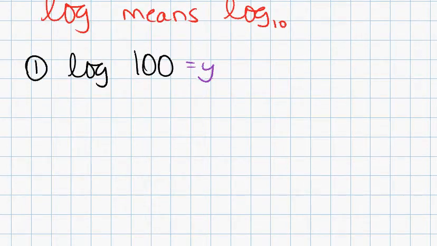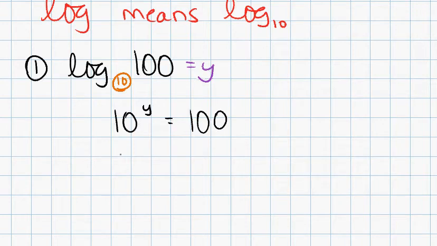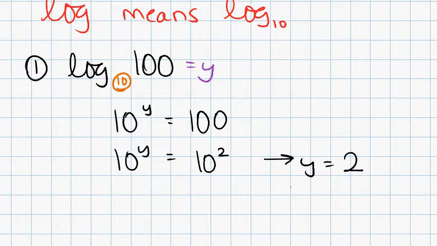Well, it just says log, so the base must be 10. It's not there, but it means it. It's hanging out there invisibly. So 10 to the y equals the argument, which is 100. And 100 is really 10 squared. So y must be 2. So the answer is 2.